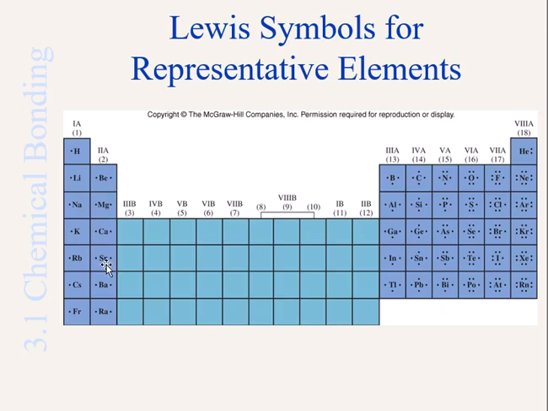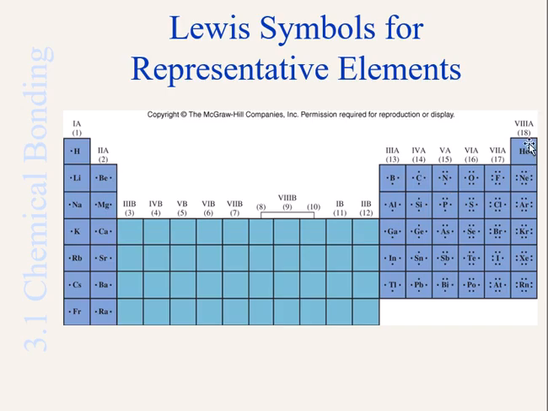Beryllium and other group 2A elements have 2 valence electrons shown here, and you may have placed them on any side, but as long as you place them on their own side, one per side, that's fine. Here you have 3 valence, then 4 valence. Now all the 4 sides are occupied with 1 electron here. Then we come back and place the other electron on a given side, as you see.